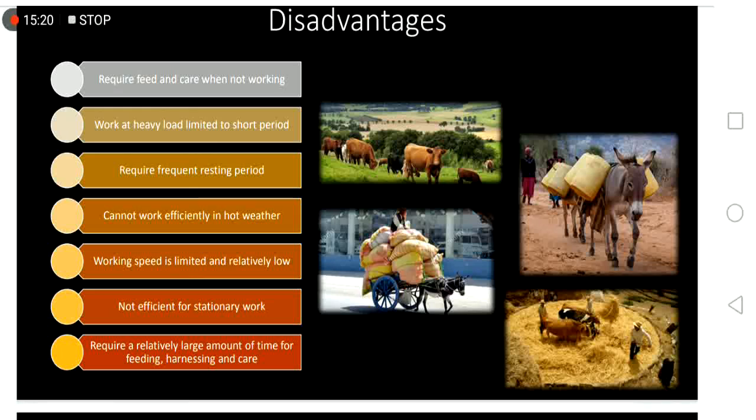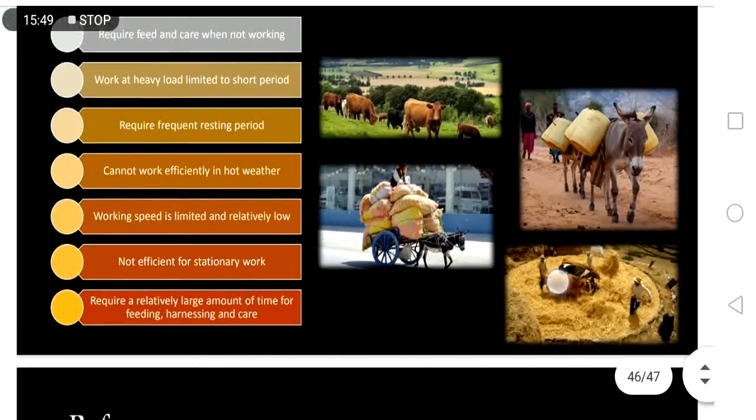Number 6, not efficient for stationary work, like when they are in place. They are more efficient when they are moving. Number 7, they require a relatively large amount of time for feeding, harnessing, and care. Of course, you need to invest time just to feed them and to care for them.